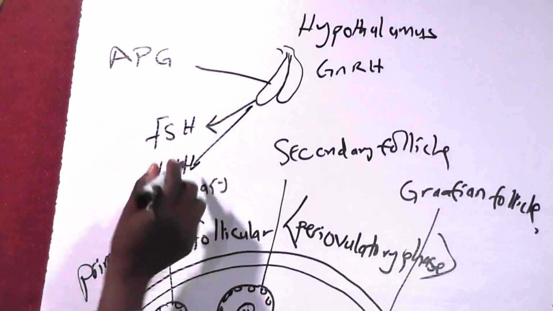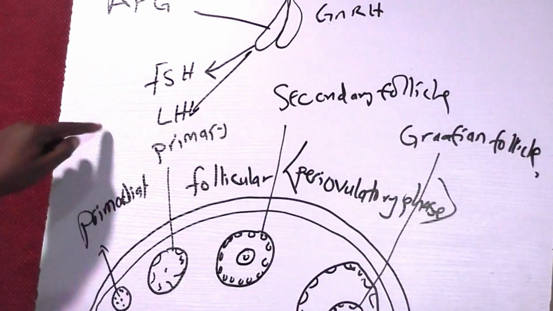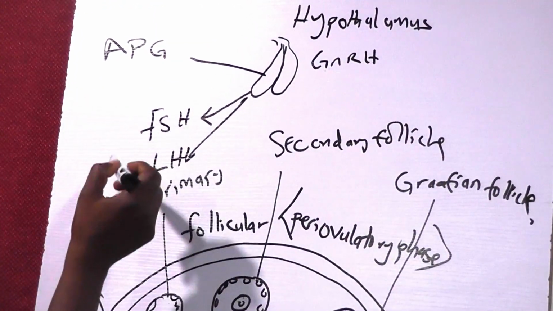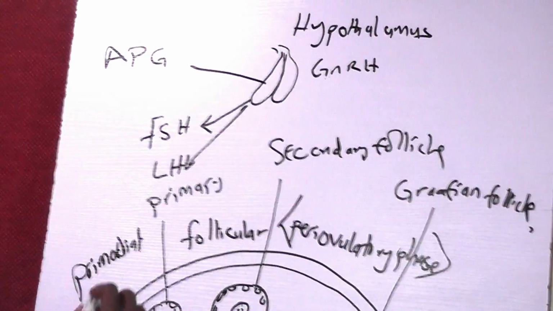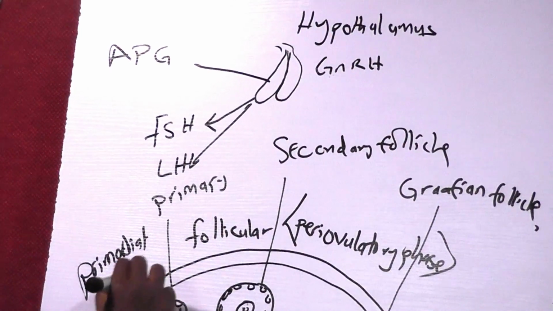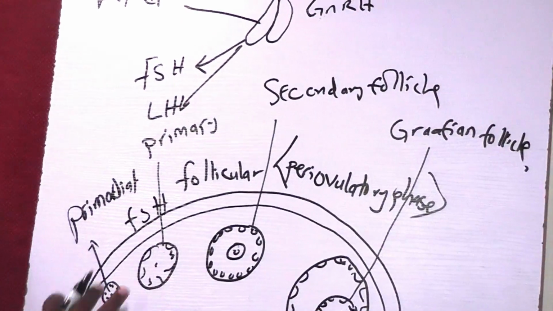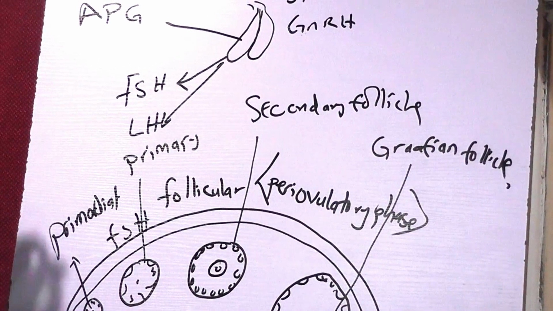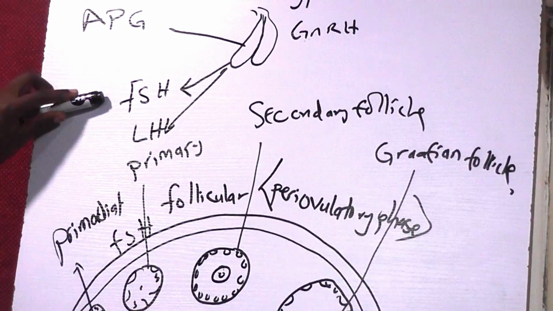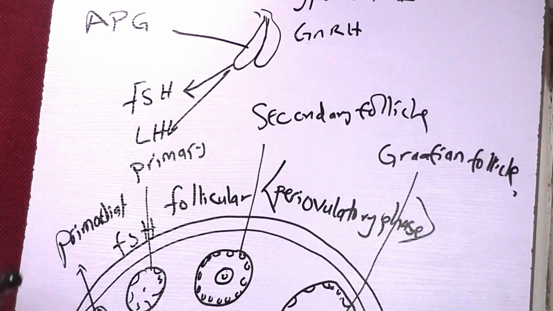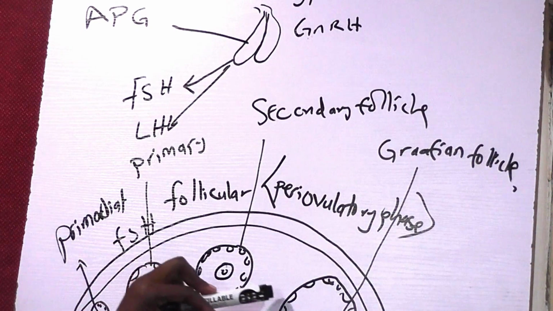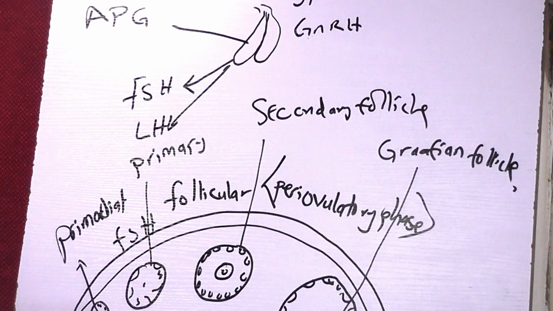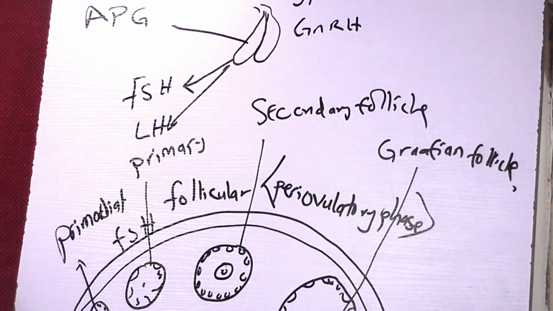These are the 2 hormones that are being secreted by the anterior pituitary gland. Now the follicle stimulating hormone, as the name implies, stimulates these follicles. It stimulates the growth and the development of the follicles that are in the cortex of the ovary.